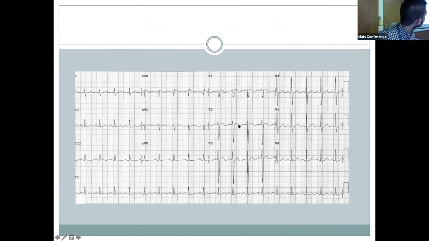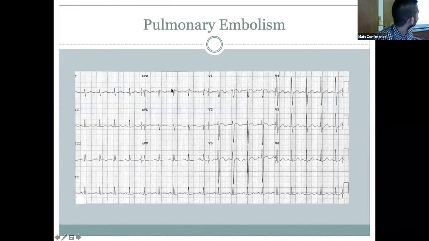The other things that are concerning for PE, and make it more concerning than the prior EKG showing persistent juvenile T waves, are that we have inversion of the T wave in lead 3, not so much in aVF or 2. We also see an S1 Q3 pattern, maybe not so much Q3, maybe just T3. Also very importantly, in terms of RV strain, we see a tiny bit of ST elevation in V1. Very subtle, but it is there.